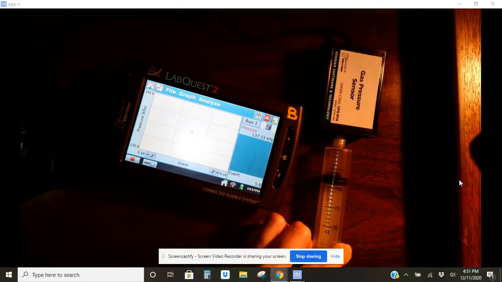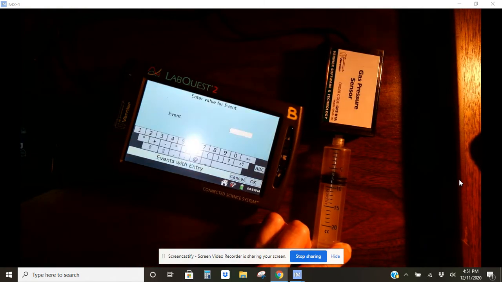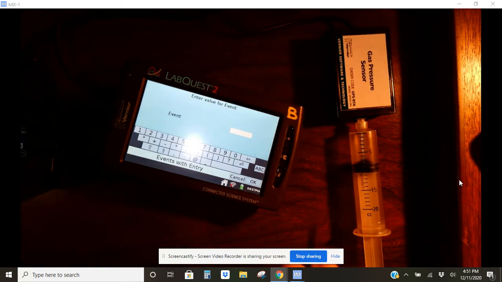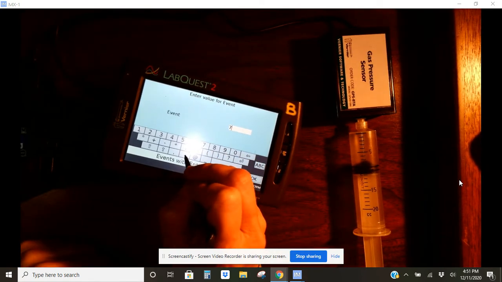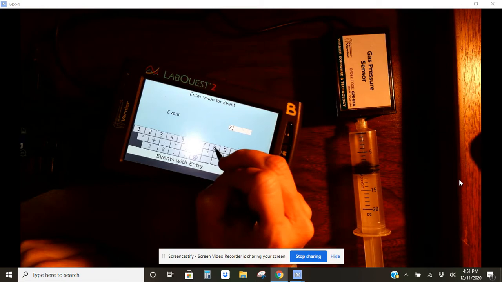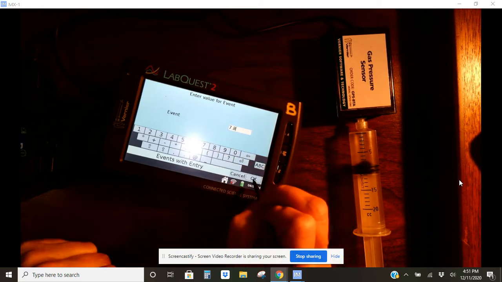And when I do that, it stays steady at about 137.2. I'm going to click keep. I like it. I'm going to let it go since I've already kept that data. So this time I'm going to type in not 7, but 7.8. All right, so that was the number of milliliters. Click OK.